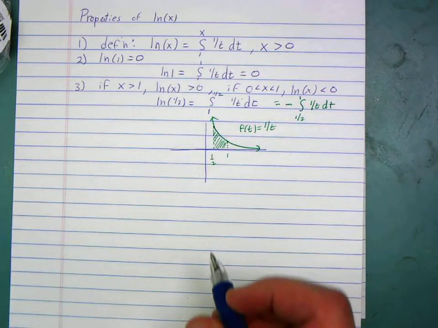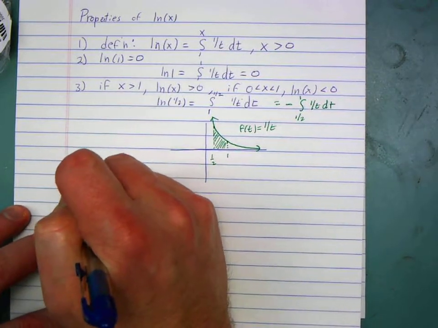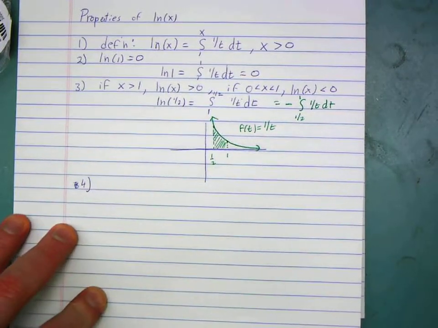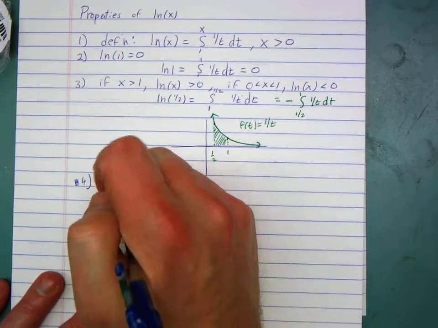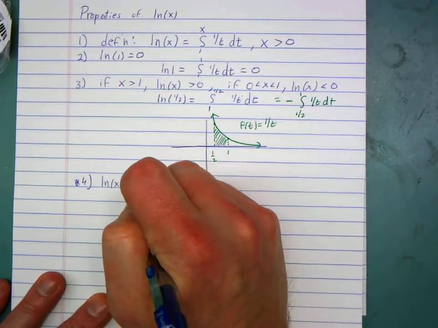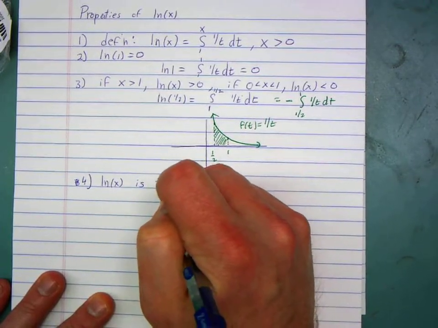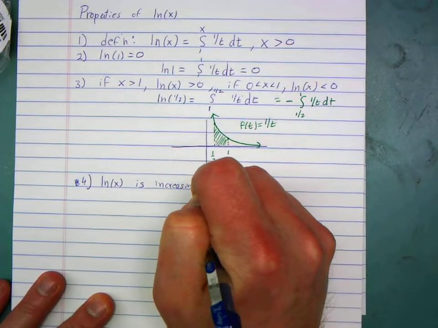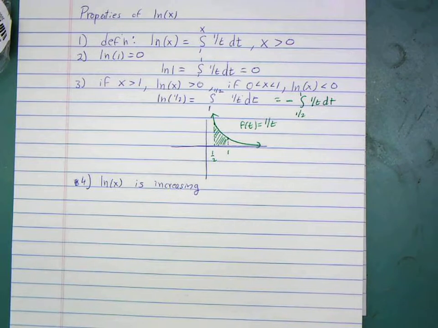All right, property number 3. Oh, property number 4. I did number 3. I claim that ln of x is always increasing. How in Calc 1 did we show that functions were increasing?